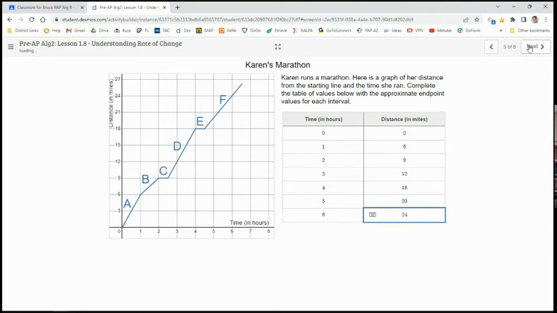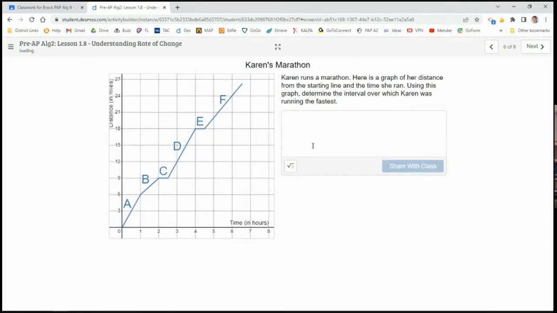All right. So the next page: Karen runs a marathon. Here's a graph of her distance from the starting line, the time she ran. Determine the interval over which she was running the fastest. Which one of those, A, B, C, D, E, F, is she running the fastest? Well, we know it's not interval E because apparently she sat down and took a break. Went to the bathroom or something.